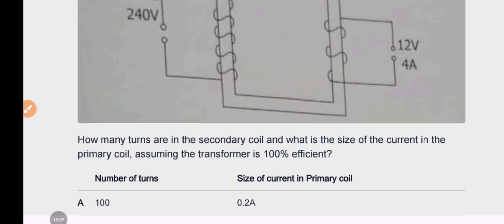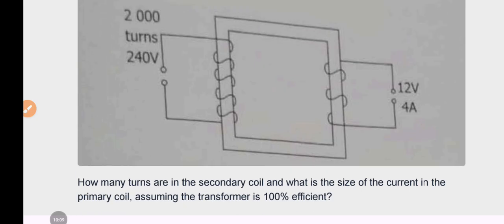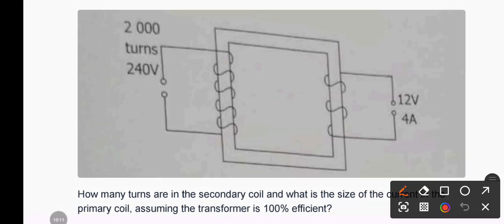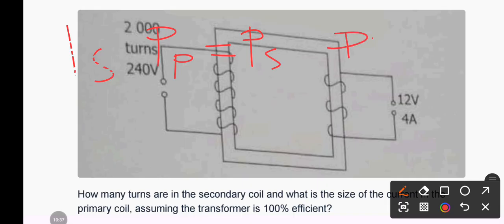The next part now is requiring me to find the current in the primary coil. So for current, we use the formula that says IS. Let me just try and derive it first. Remember when they say the transformer is 100% efficient, it means that there is no power loss. Therefore, power in the primary coil is equal to the power in the secondary coil. And the formula of power is simply VI, right?